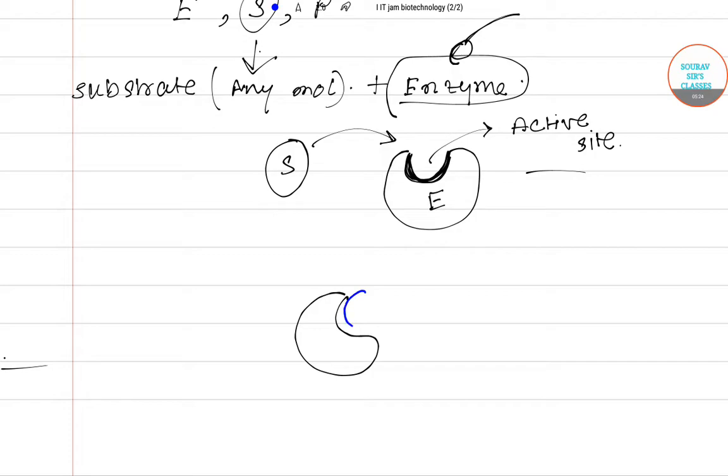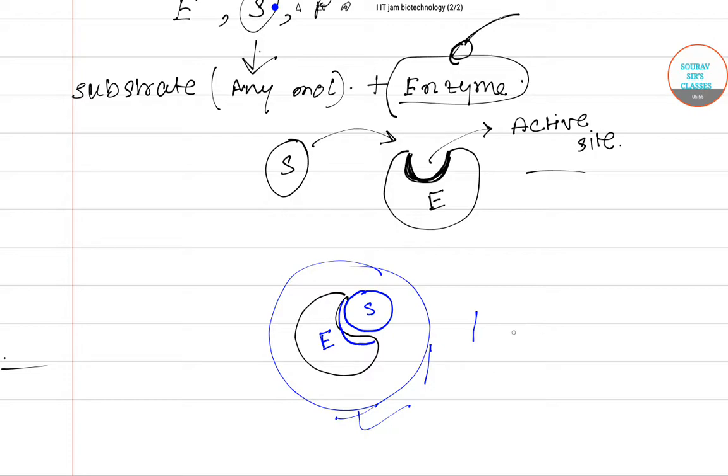So this is the substrate binding, this is E. So that will form an enzyme substrate complex to catalyze any reaction, right? Now the surface of this active site will be lined with amino acid residues with substituent groups that will bind to the substrate and catalyze this chemical reaction.